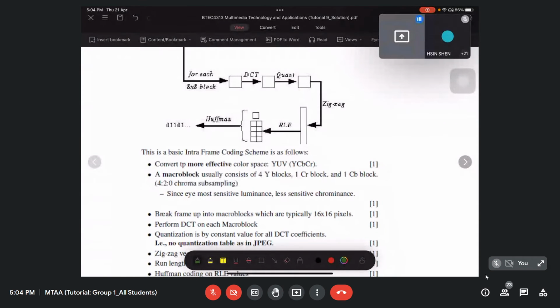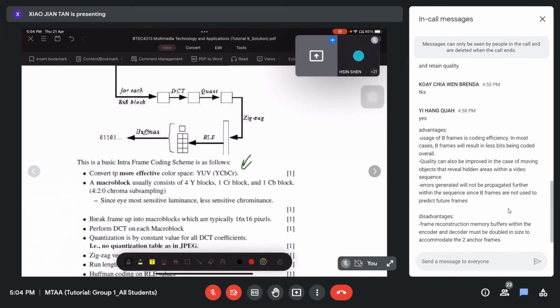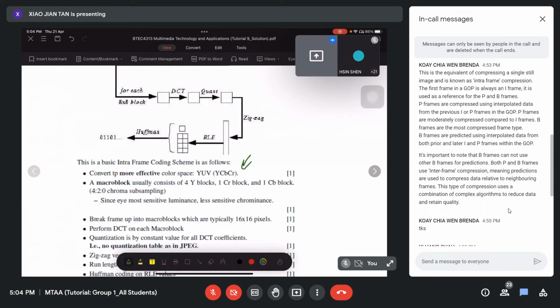So convert to color space YUV or YCbCr. Again, you will find that the reason we always convert to YUV or YCbCr is that in RGB, each channel, R, G, and B, consists of both luma and chroma information.